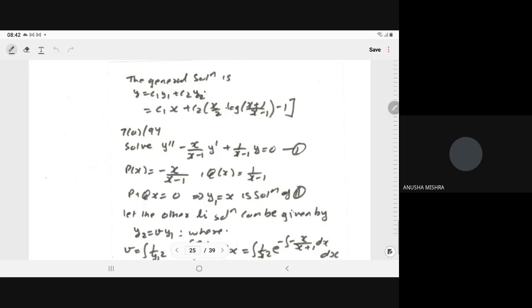Let us have another problem. Solve y double dash minus x upon x minus 1 y dash plus 1 upon x minus 1 y is equal to 0.